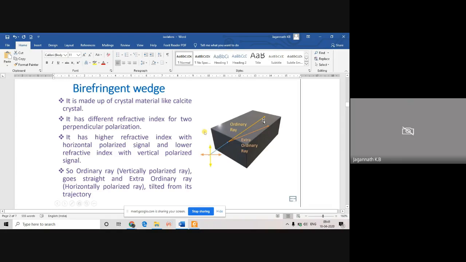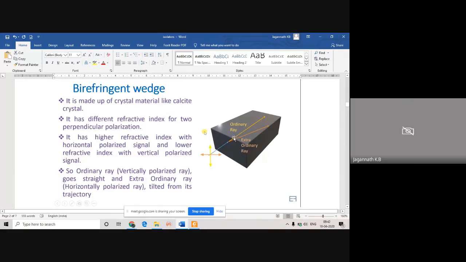So again, I'll repeat it one more time. This birefringent wedge is made up of two different materials, a high refractive index and a low refractive index material. When you send a horizontally polarized signal, it bends, depending on your refractive index. That bent signal is called the extraordinary ray.